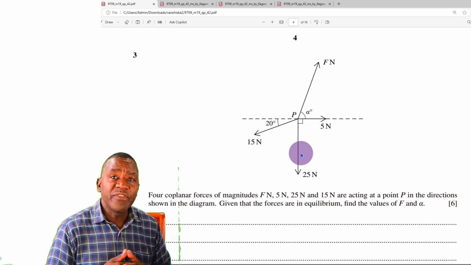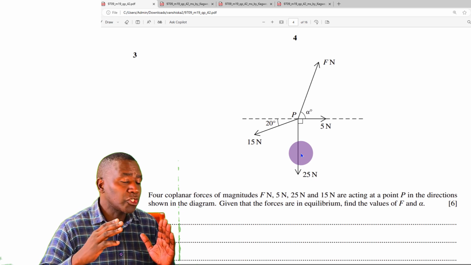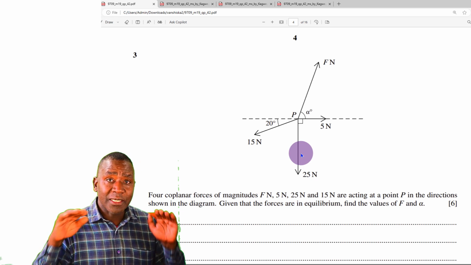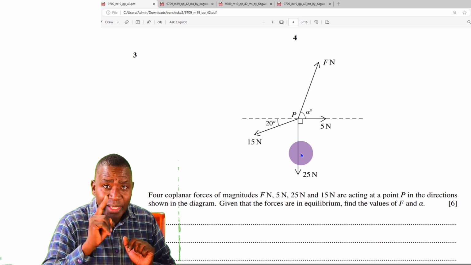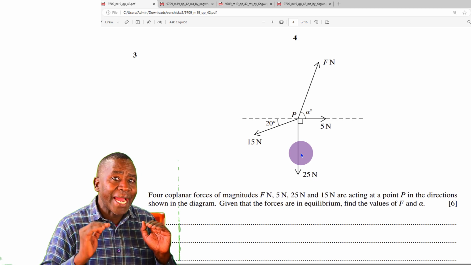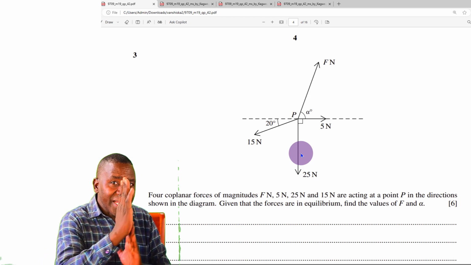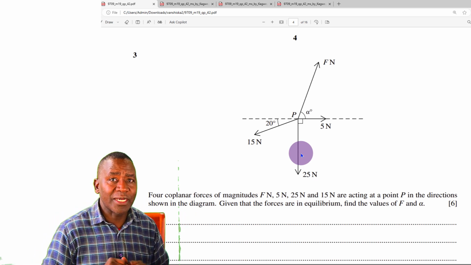Very simple. The reason why we are resolving in two directions which are perpendicular to each other, horizontal and vertical, is so that all the forces will either be in the same direction, in opposite directions, or perpendicular to each other.